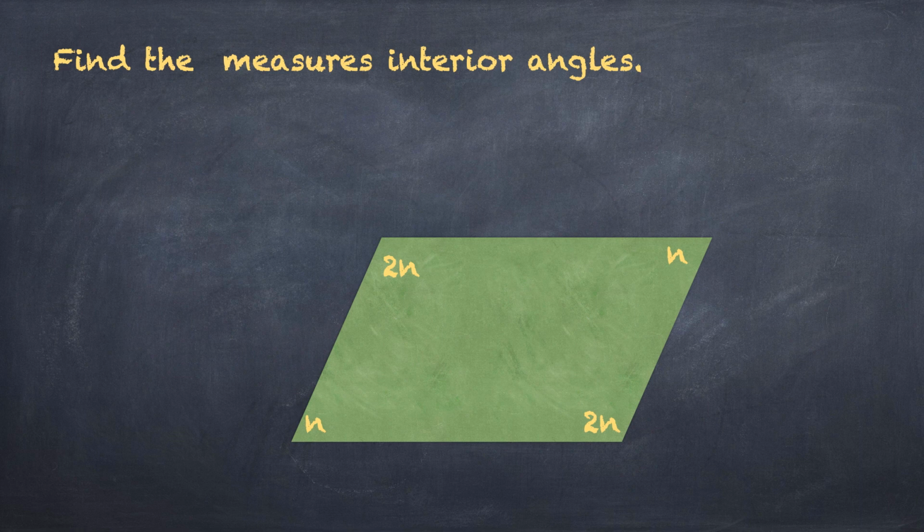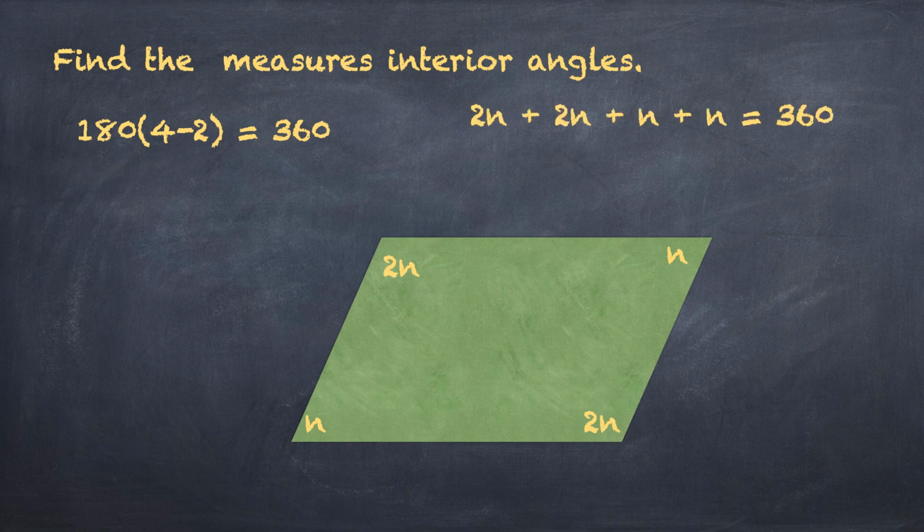I also know that the angles are N and N, 2N and 2N. I want to know the measures of the interior angles. Well, I know that every quadrilateral, no matter what it looks like, has a sum of 360 degrees.